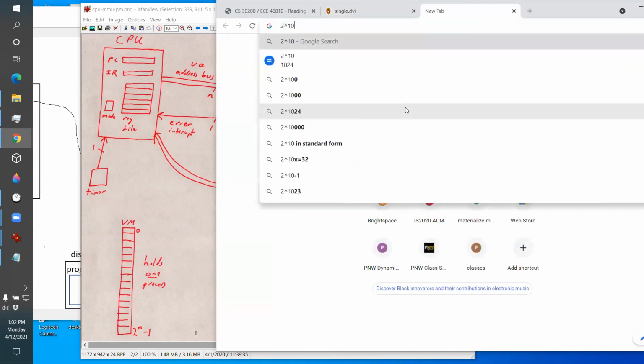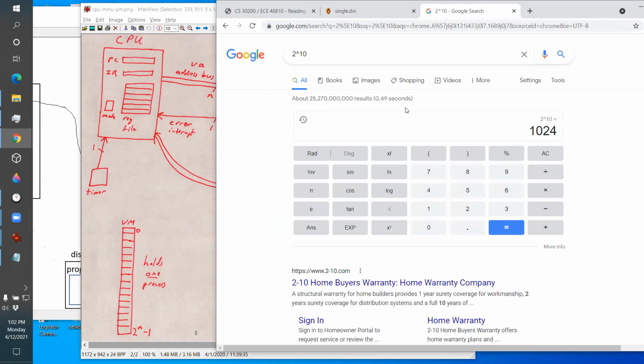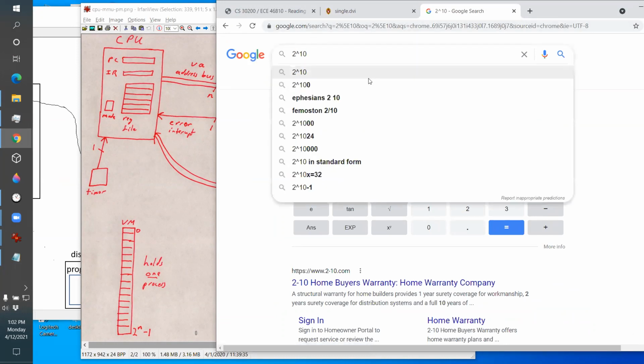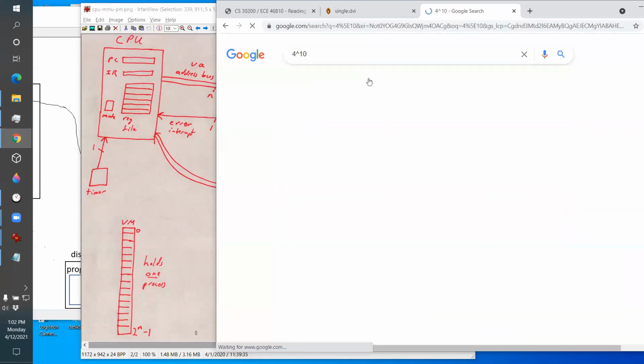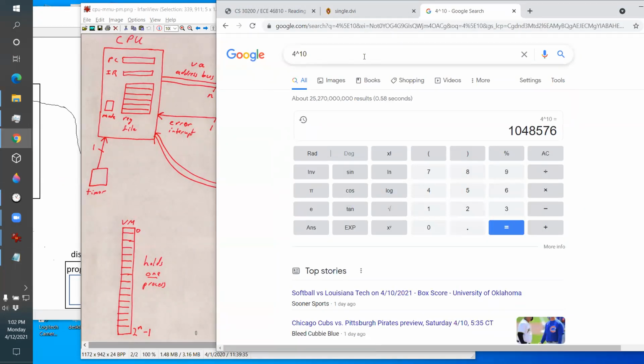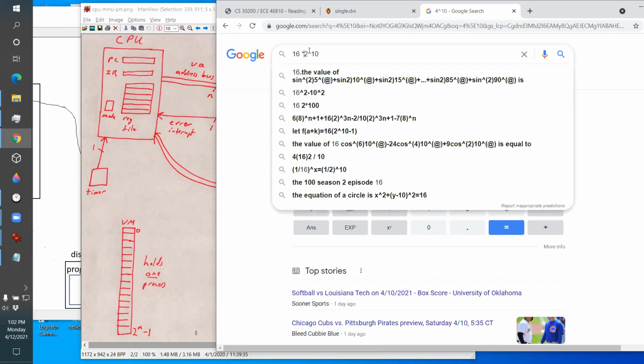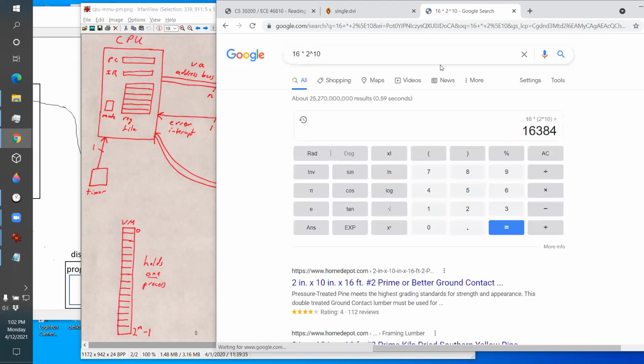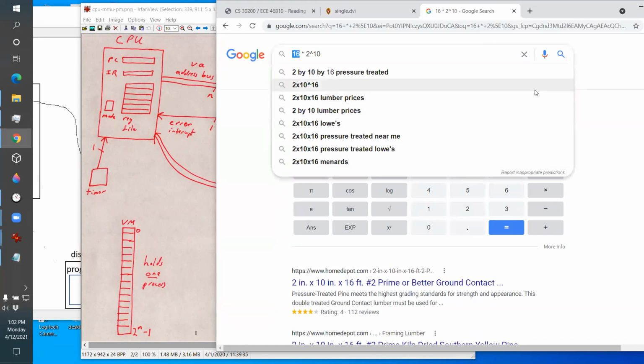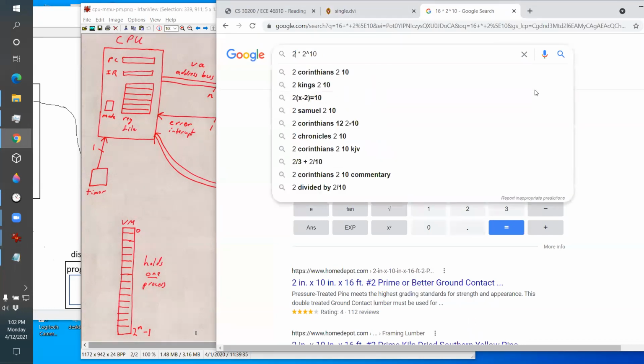2 to the 10th is 1 kilobyte. See, it's 1024. So that's 1 kilobyte. Okay, 16 kilobytes. Now 16 is 2 to the what? 16 is 2 to the 4.